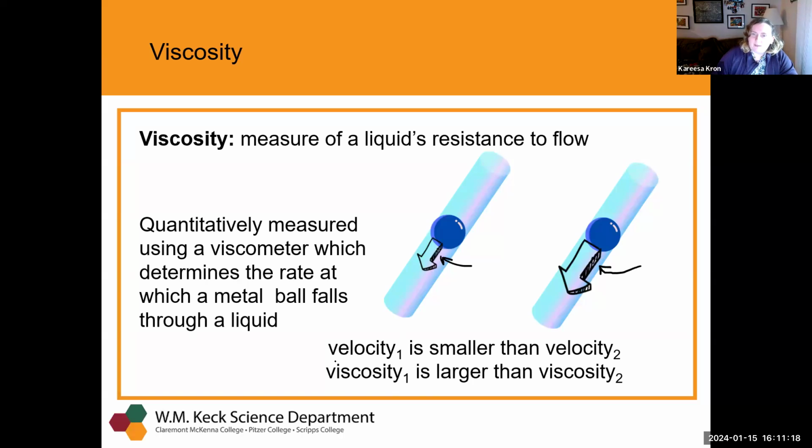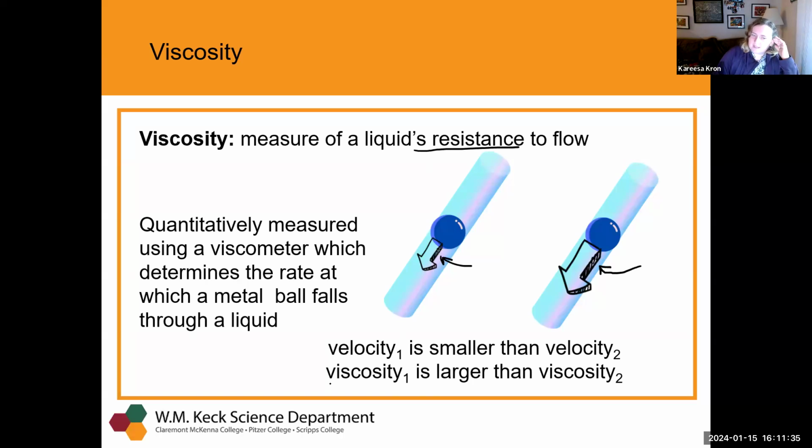So if something has a high velocity of the ball as it rolls back and forth, that means that this liquid is potentially pretty thin and pretty fluid so that this ball doesn't experience much resistance to its flow.